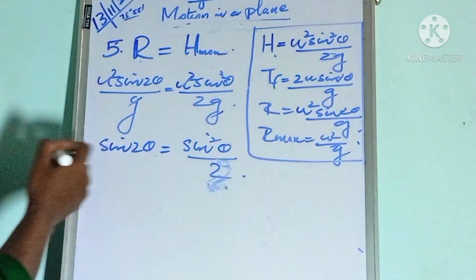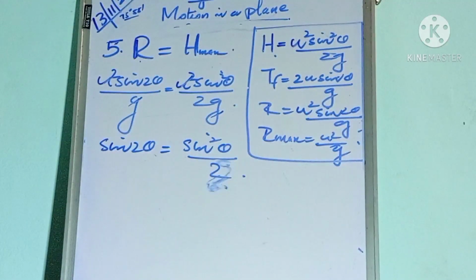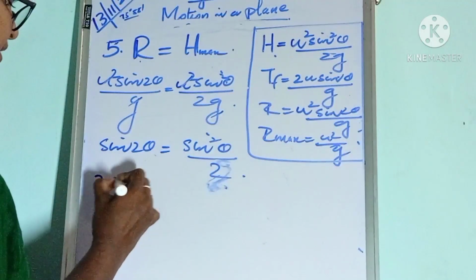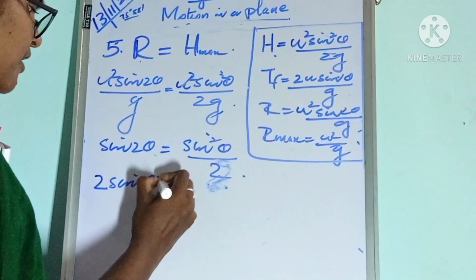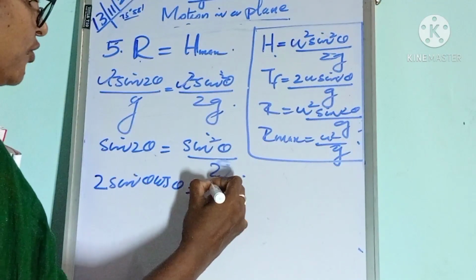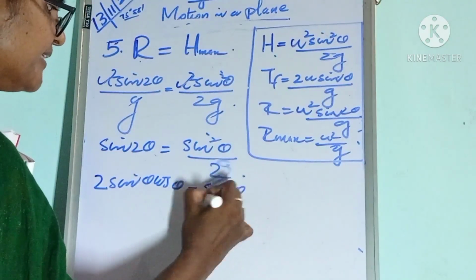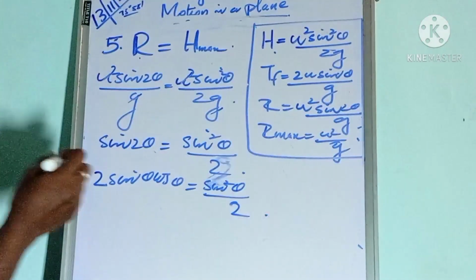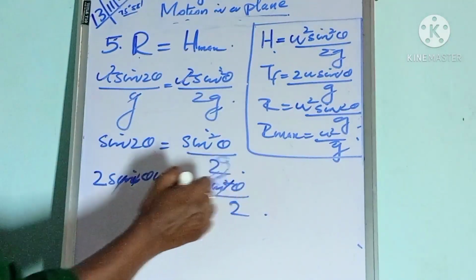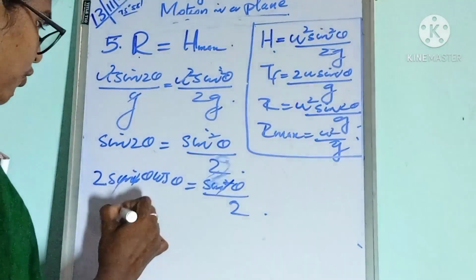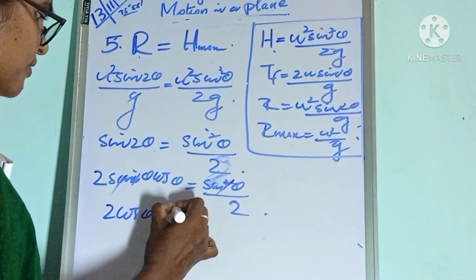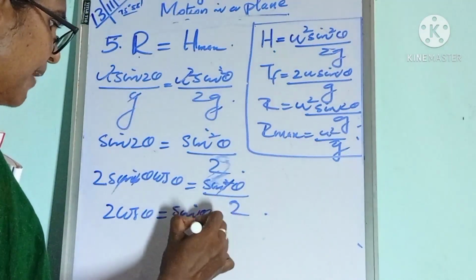And how can we write sin 2 theta? Sin 2 theta can be written as 2 sin theta cos theta, that is equal to sin square theta by 2. Here sin theta cancels, and 2 cos theta is equal to sin theta by 2.